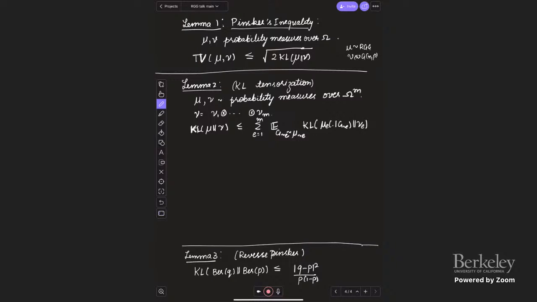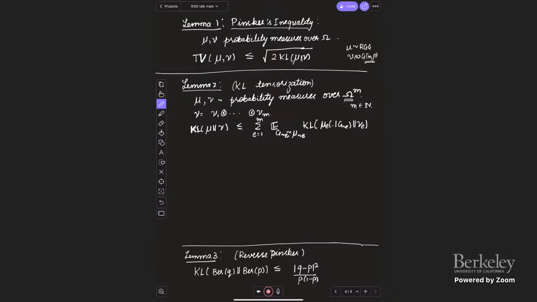Now, the second one is KL tensorization. When the base measure is a product measure, like nu is Erdős–Rényi, which is a product measure, then the KL over the global distributions can be seen as a KL over the local distributions. That is, if mu and nu are probability measures over a product set, omega to the m, where m is a natural number, and nu is a product measure, that is a product of nu1 to nu m.